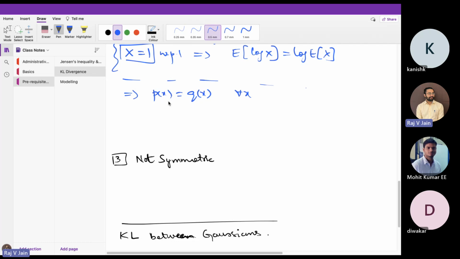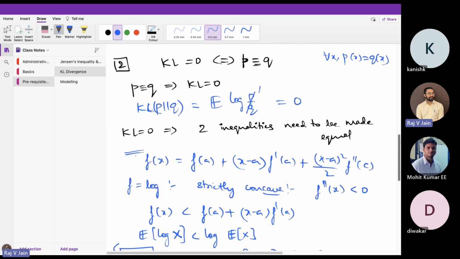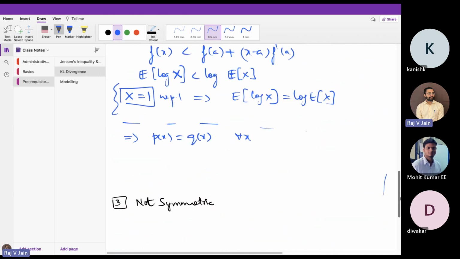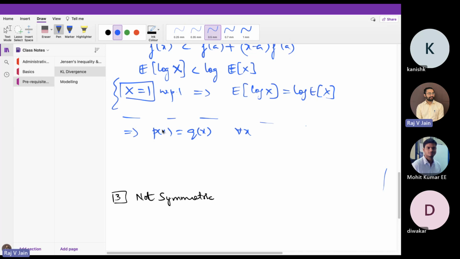Okay, this is a bit confusing, so let me make it clearer. Here we are looking at the expectation over the support of p. So what we have said is that p of x equals q of x for all x belonging to the support of p, that is, this script x.